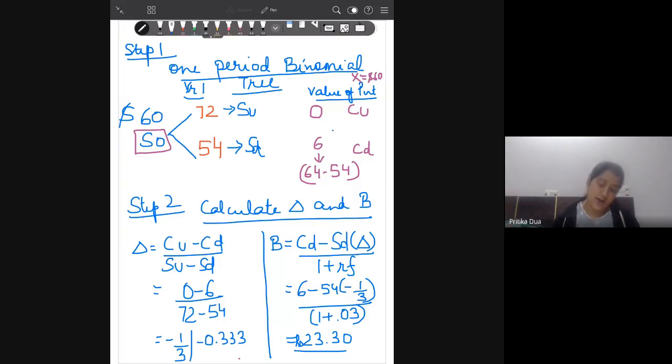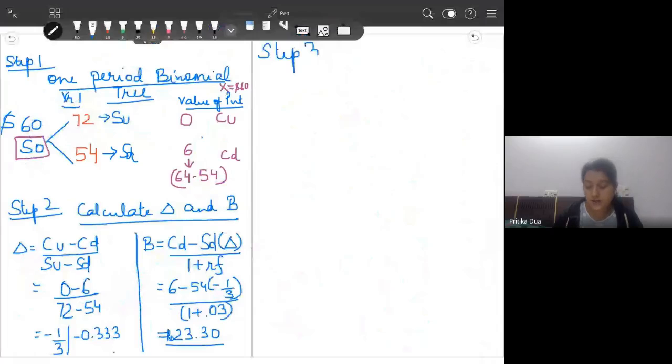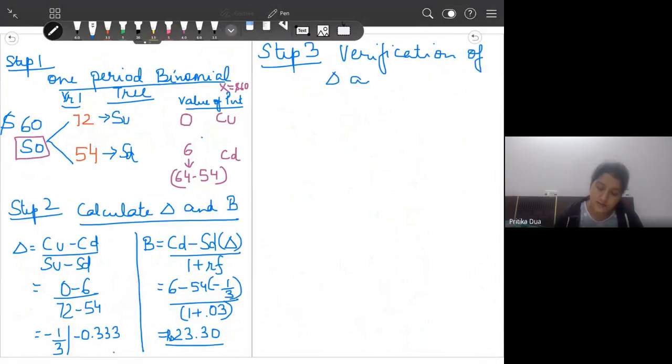Okay, for that again you have formulas. Let's move to step 3, which is verification of delta and B values.